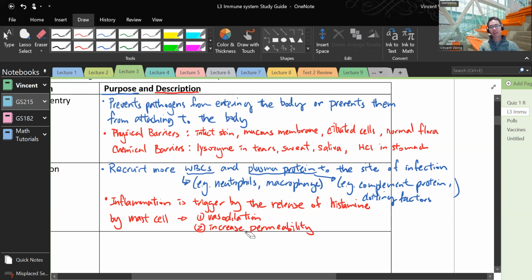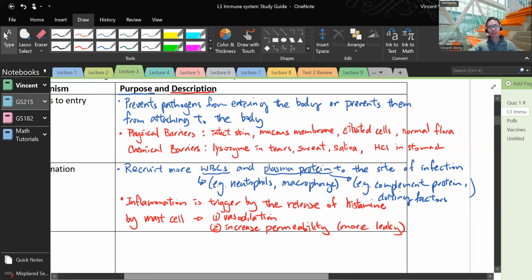Okay, so they're more leaky, and then they're going to be bigger. So it helps to increase blood flow, which would then carry more white cells and plasma proteins to the site of infection. So hopefully you can fight off the stuff that made it inside before it causes too much damage.